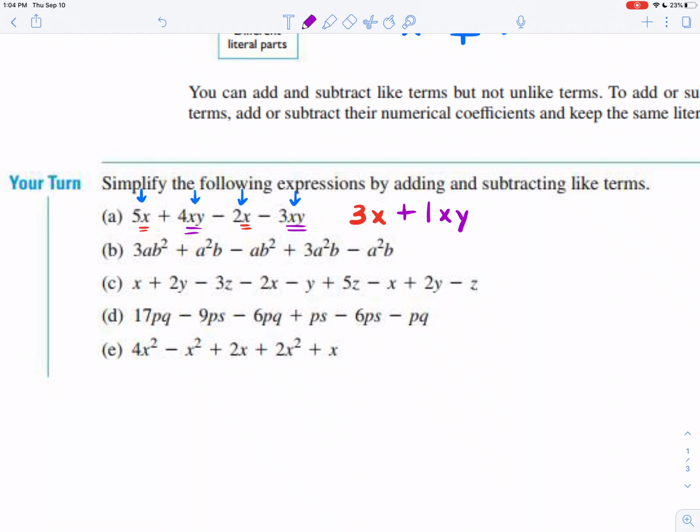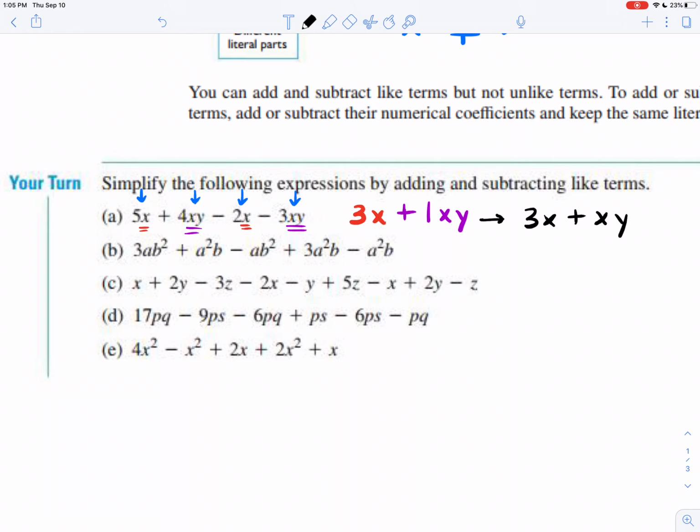Now, you'll notice when you're going through here, you don't have to put a 1 in front of things. And so you would commonly see this written 3x and then just plus xy. I just put the 1 in there so that you could see all we're doing is combining the numerical coefficients. But again, you don't have to put a 1 out there in front. And so when that happens, you can just leave the literal part.